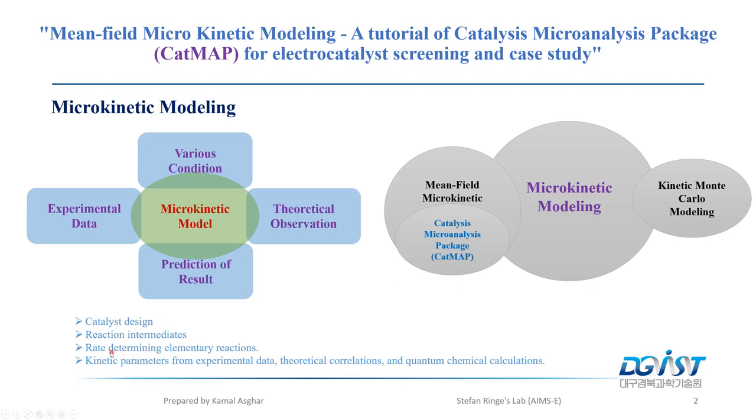And we will be able to identify rate determining elementary reactions, because one reaction has many smaller reaction mechanisms or smaller steps. So we will be able to find all those elementary reactions. And at the end, we can find kinetic parameters from experimental data and theoretical correlations and quantum chemical calculations.